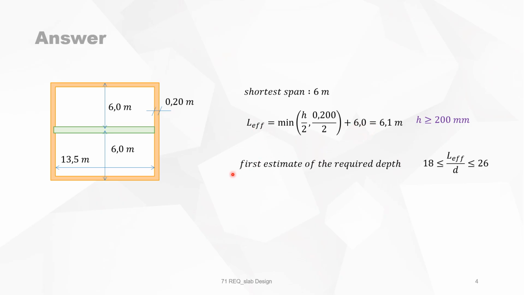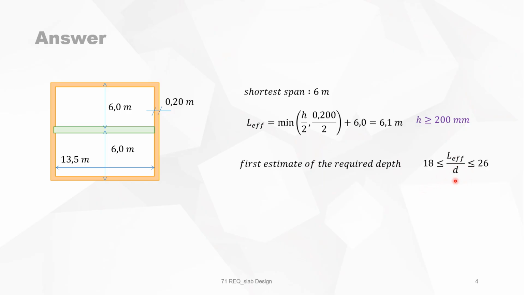The first estimate of the required depth, we have to do that because we need to calculate some loads on the slab. So the estimate of the required depth is the effective length divided by d, the optimum depth or the effective depth d.